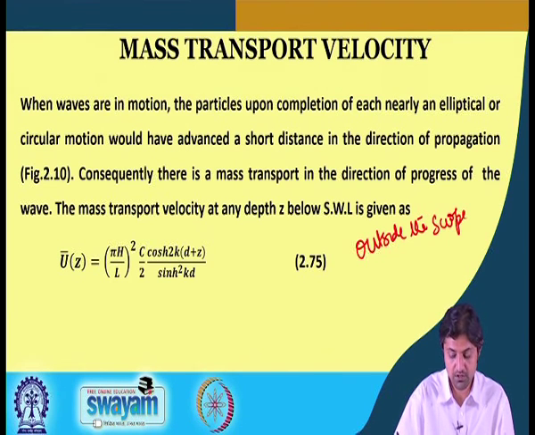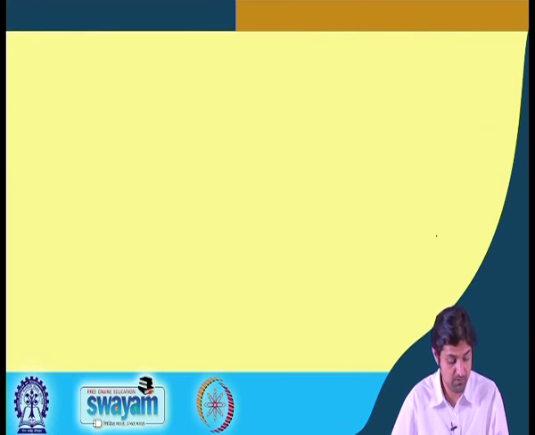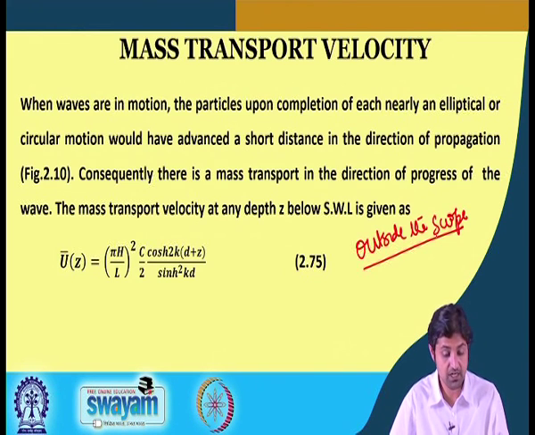So, this formula is outside the scope. I do not expect you to remember this particular equation, but more importantly the message is that you must understand that the mass transport happens along with the wave motion. Of course, you must remember that it is a function of H square, or is proportional to it.